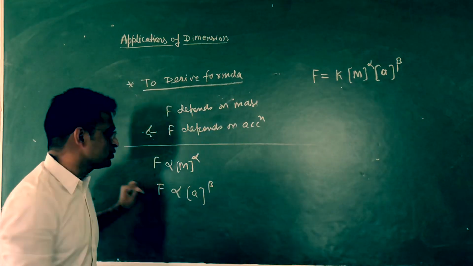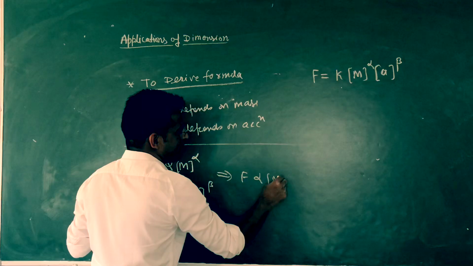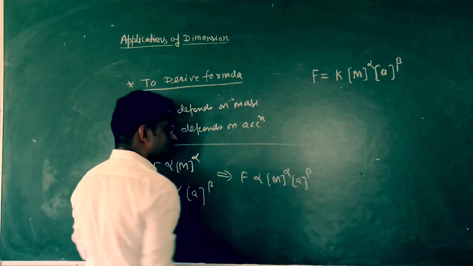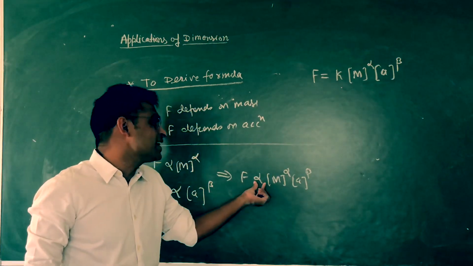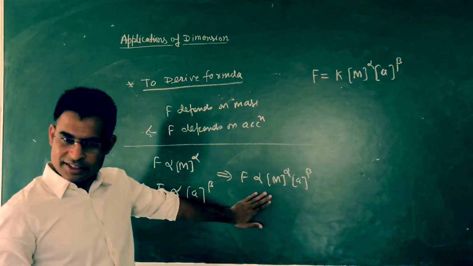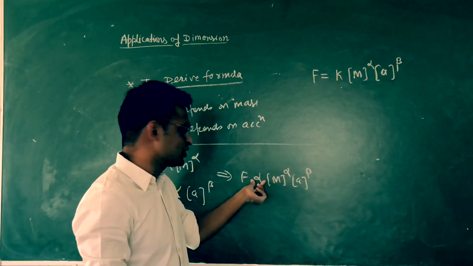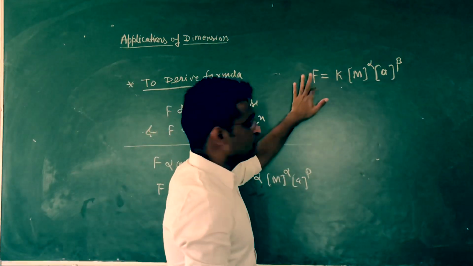After combining these two, if I remove the proportionality, I get one constant. That constant is k. I'll just remove the proportionality sign and get the proportionality constant.